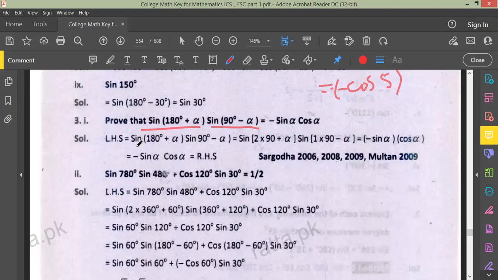Sine 180, because this is an even multiple of 90, will become sine of alpha, and sine 90, because this is an odd multiple of 90, the sine will become cos, and because this is in the third quadrant, where sine is negative, this becomes minus sine alpha cos alpha.